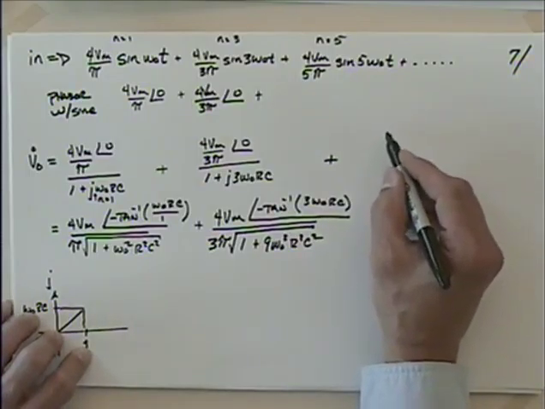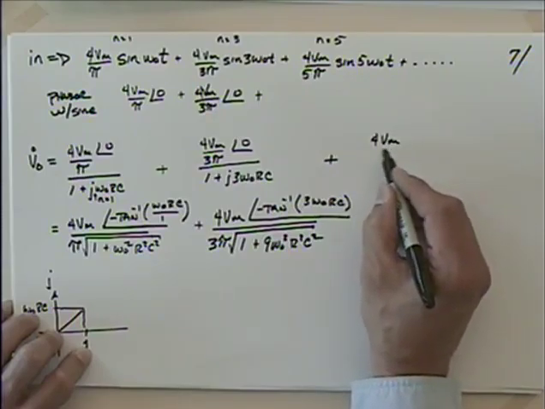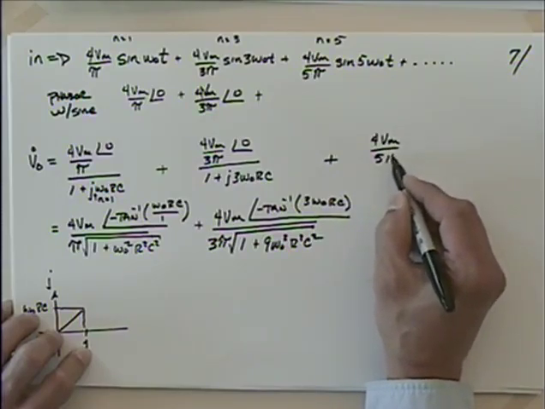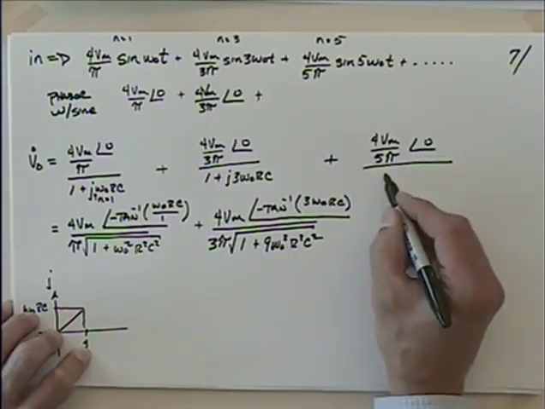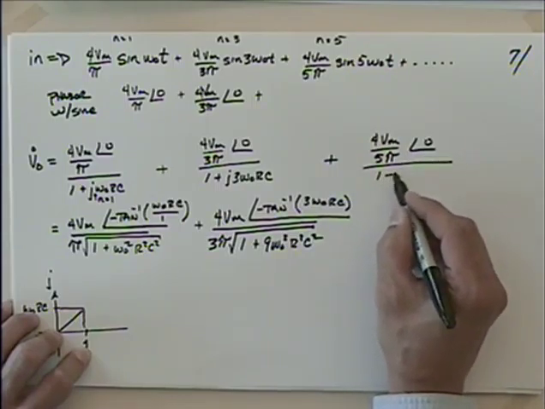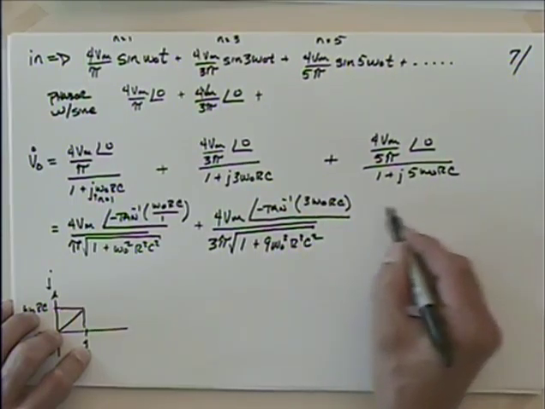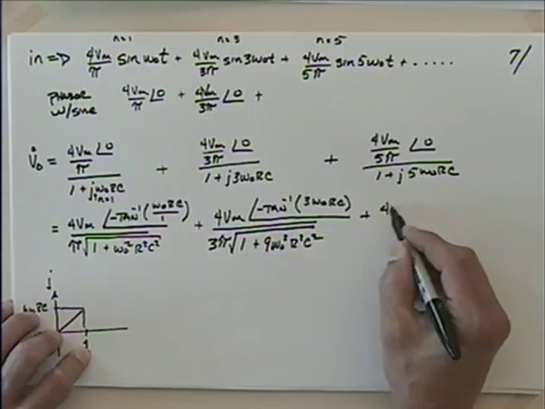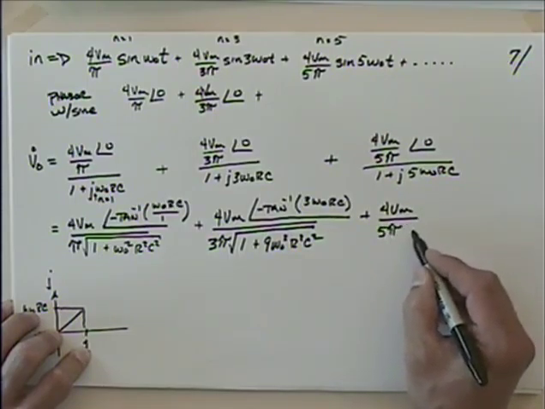What are we going to have here? 4 Vm divided by 5 pi at an angle of 0, and then we're dividing this thing by 1 plus j 5 omega naught RC. This will be 4 Vm divided by 5 pi.